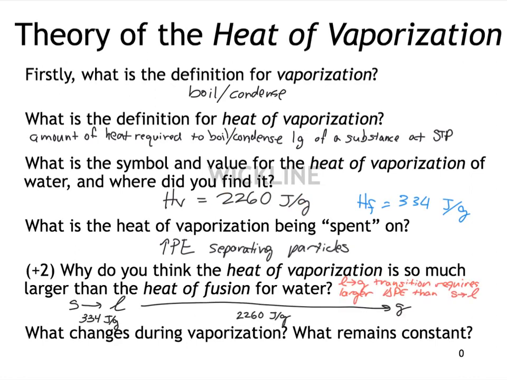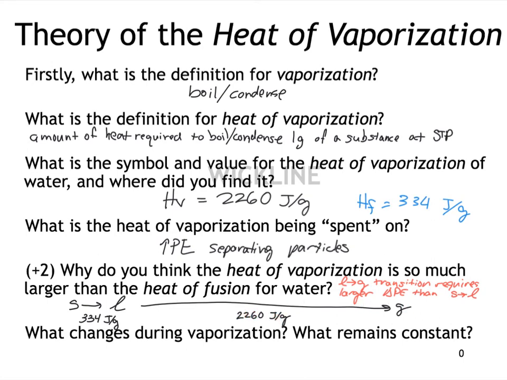So the liquid-gas transition requires larger change in potential energy than the solid to liquid transition, or visually you can think of it this way. Solid to liquid is only 334, but liquid to gas is a larger change, so it's 2260 joules per gram.